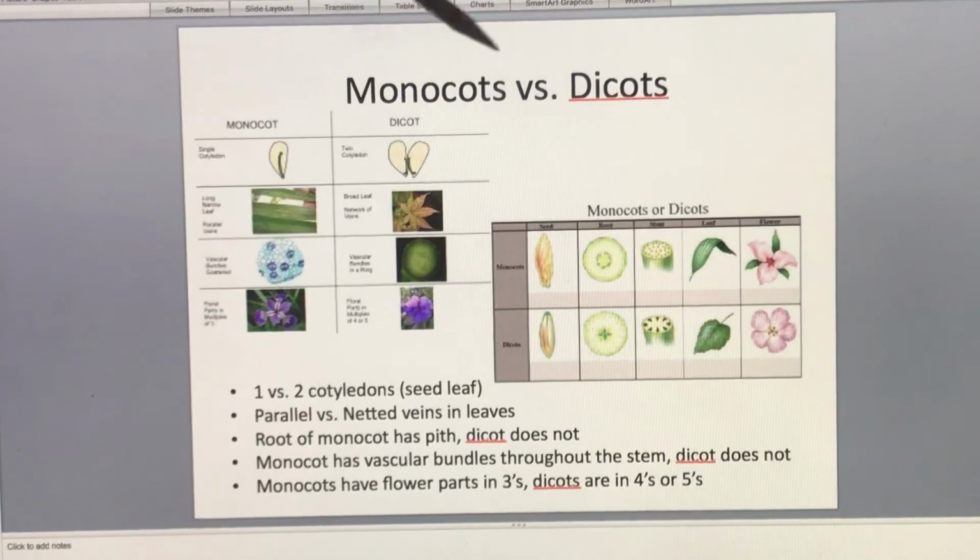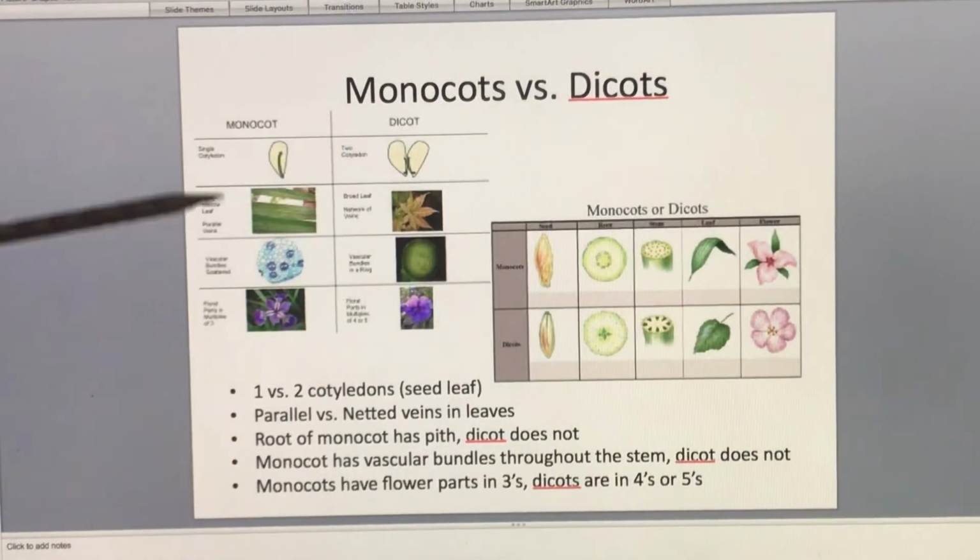And the cot in this is referring to a cotyledon, which is in the initial stage of the seed. It has a seed leaf that's referred to as a cotyledon. So a monocot has one cotyledon, and a dicot has two. And so we are going to compare them a little bit.